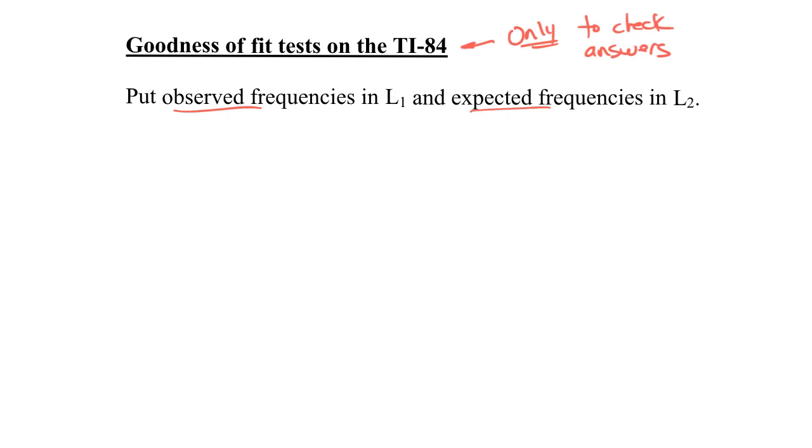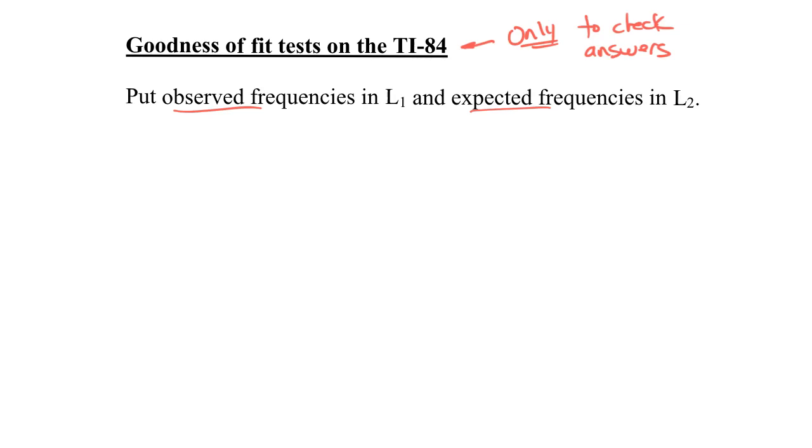So I'm just going to kind of walk through this. It's not really important that we even go over this, but I just want you to be aware of it. So you go, of course, to stat and then hit enter to get to edit. And in list 1, we put those observed values. List 2, we put the expected frequencies. So list 2 is really easy. It's just 50 all the way down.